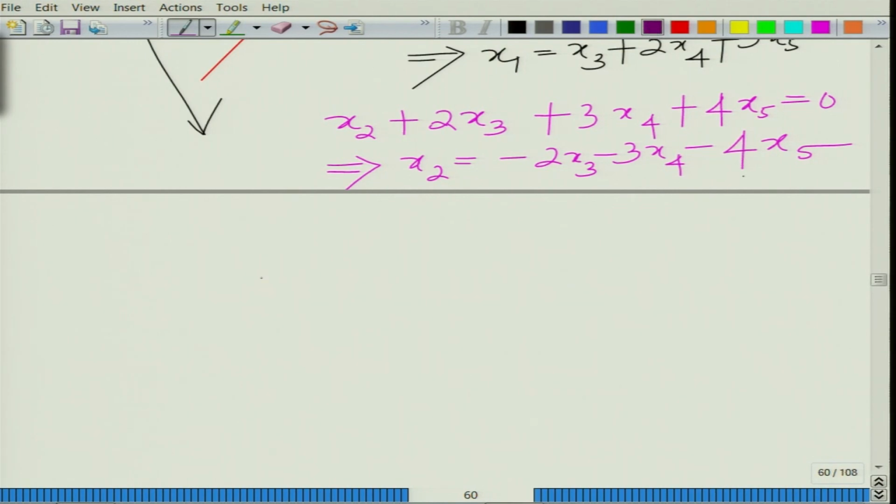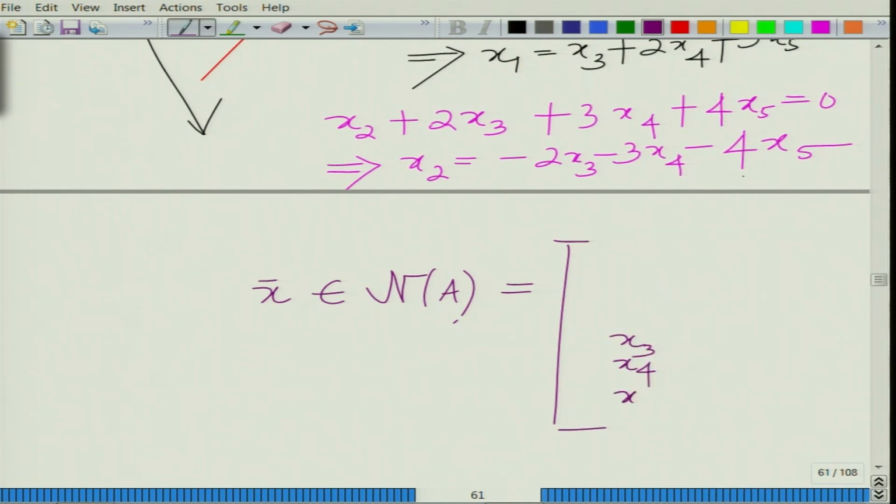Therefore, any x bar belonging to the null space of A is of the form: you have the free ones x3, x4, x5, then x2 which is minus 2 x3 minus 3 x4 minus 4 x5, and x1 which is x3 plus 2 x4 plus 3 x5.